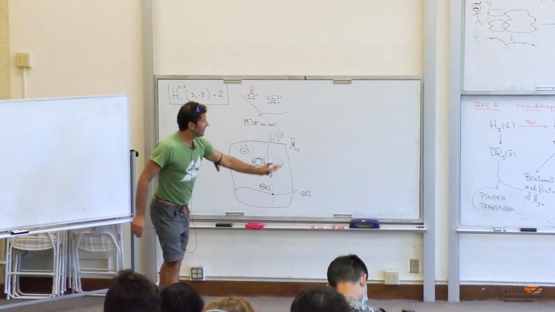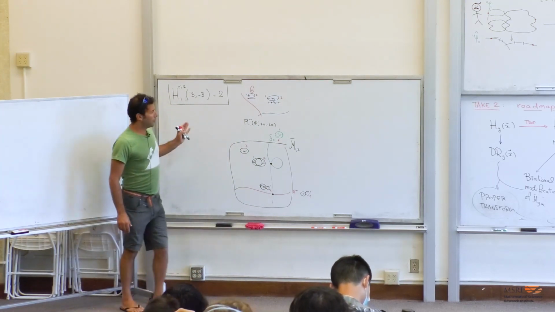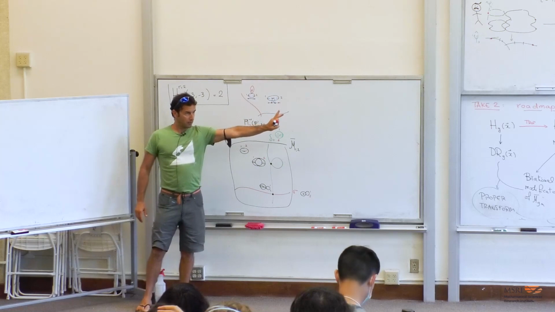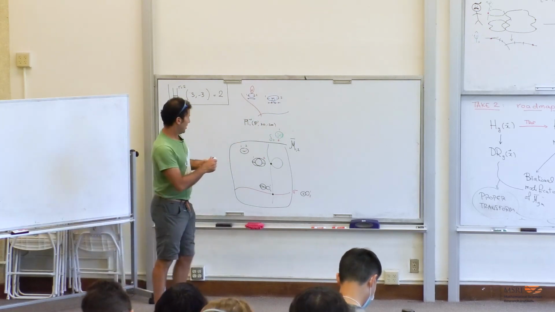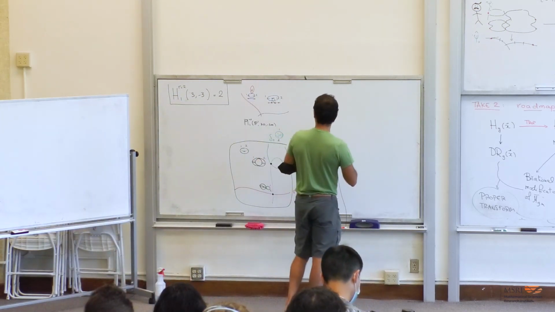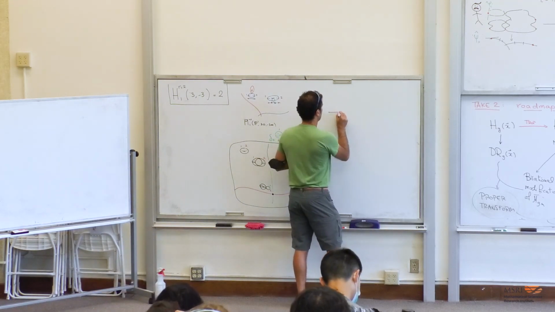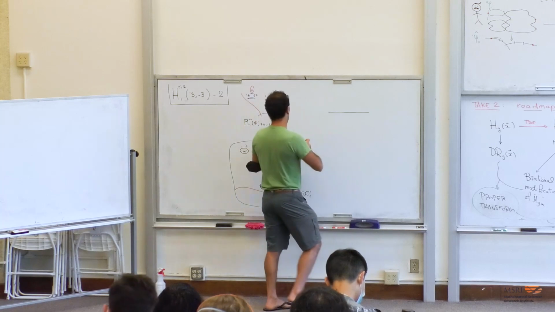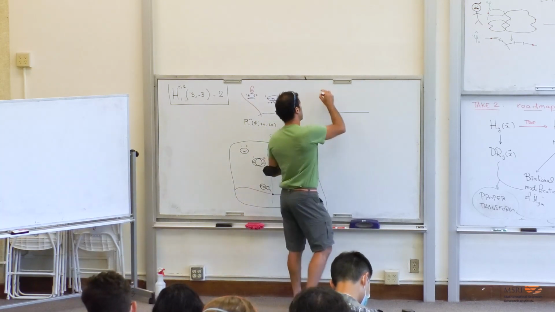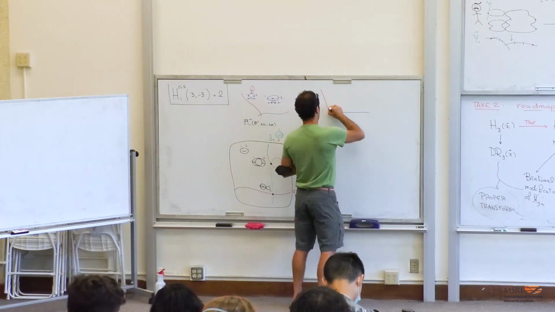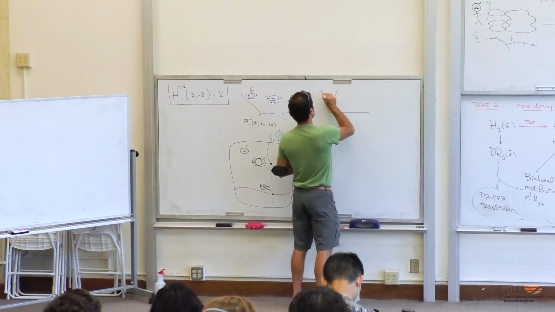So then on this other half of the board, I want to put the tropical analogs of this thing. So I want to look at the tropical moduli space of covers, and this has two cones. One is one-dimensional, and the other one is two-dimensional.